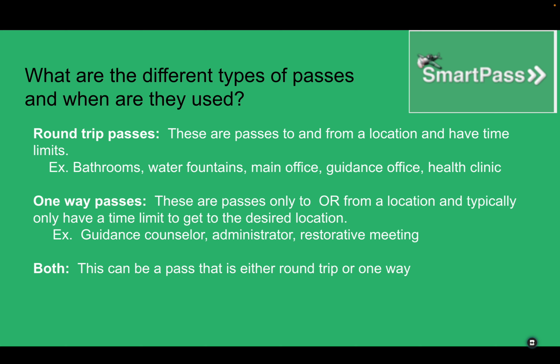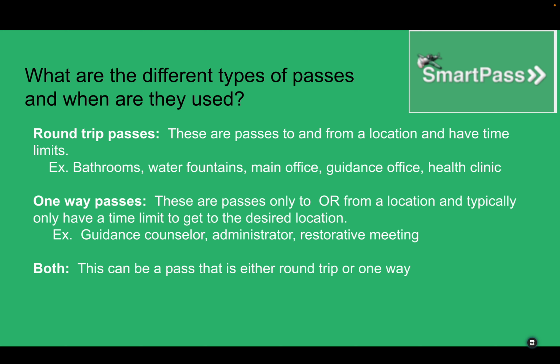These are all timed. There are also one-way passes, and these are passes where you're going to a different location, but we're not sure how long you're going to be there. For example, you may need to go to the health clinic to see Ms. Underwood. You could be going there because you need a Band-Aid. That's a very short pass.